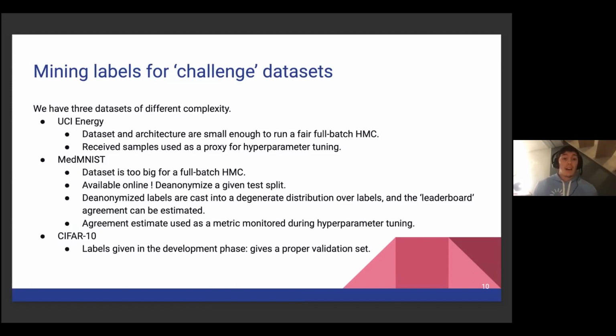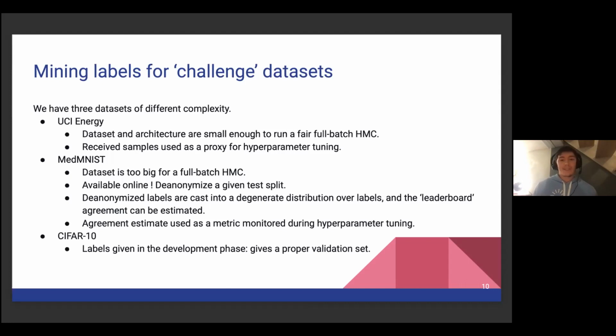The architecture and the data set itself are amenable to running a full batch HMC, even on the laptop we have. So to receive a proxy for tuning these hyperparameters, we simply ran the HMC for this data.